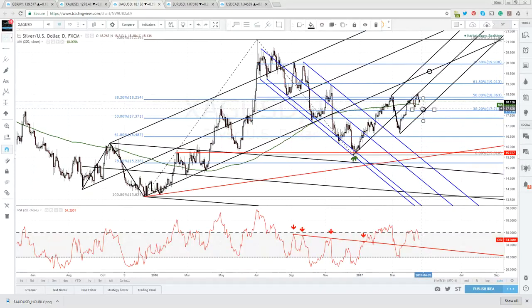If we can get past the 200, then 38.2, 1771, lower parallel, and then we'll probably test it here, which would be in June, which would be perfect with my euro dollar high in June and July.